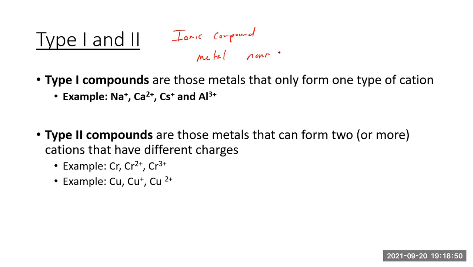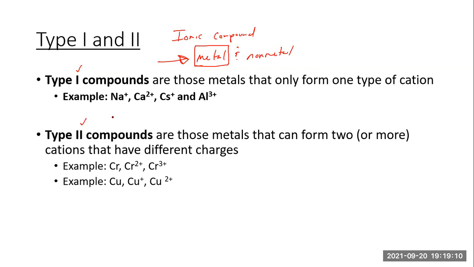And whenever you have this combination, the most important one out of both of those is always the metal. So the metal is always the most important one to look at. It determines whether or not it is a type 1 or type 2 compound.